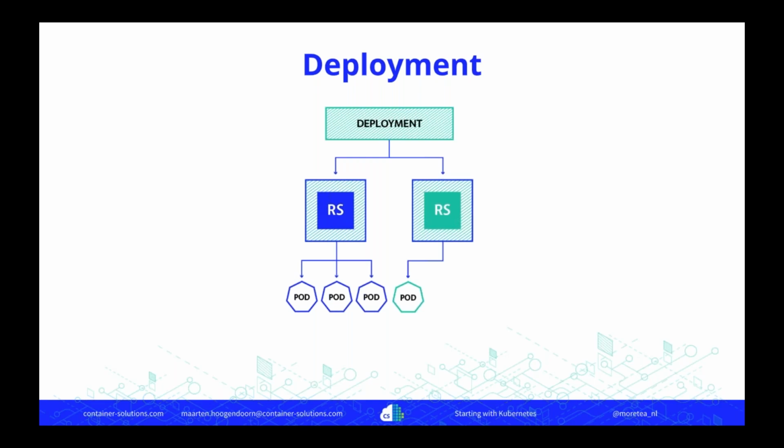So the blue one is version 1, the green one is version 2. The default strategy forces you to create one of the new version, and then it will delete one of the old version, etc., until you have slowly migrated to the new version of your program.